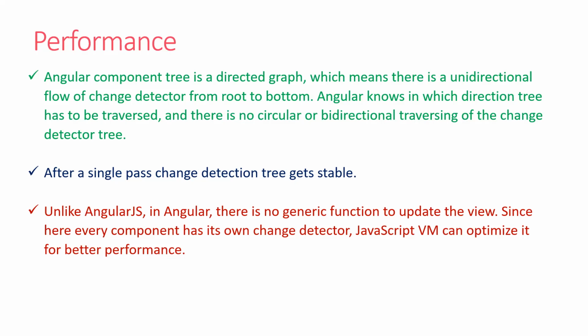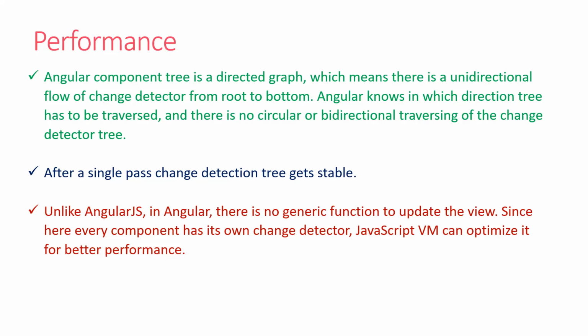Change detector runs only in one direction, and that also from top to bottom. Angular knows in which direction the tree has to be traversed, and there is no circular or bidirectional traversing of the change detector tree. That's a very good point, right? Since Angular always goes in one direction from top to bottom, in a directed graph, and never goes in circular or bidirectional traversing, by default the performance of that graph is much better.